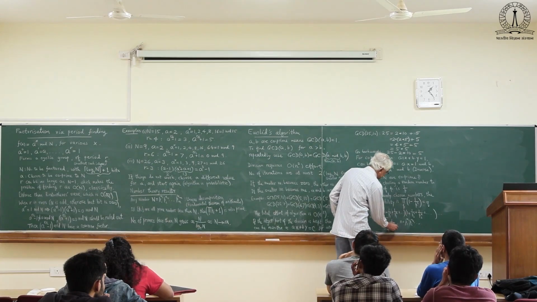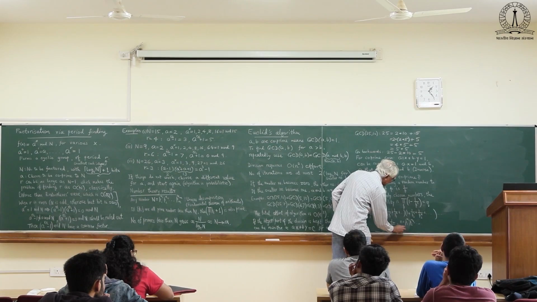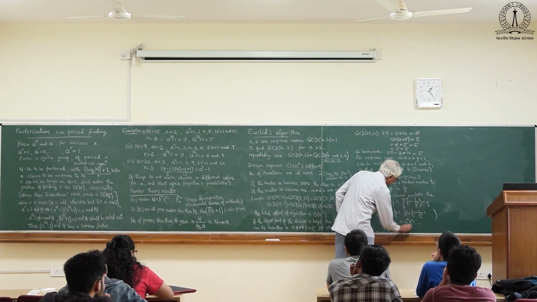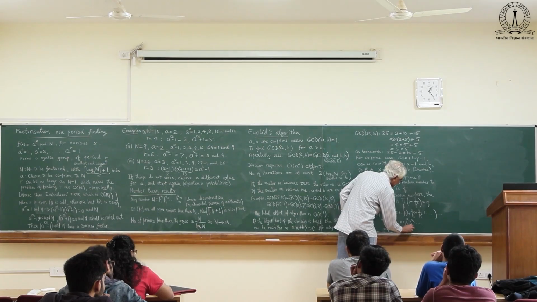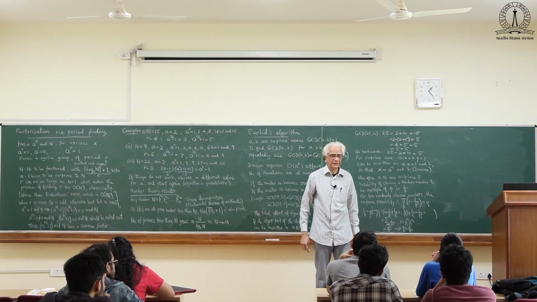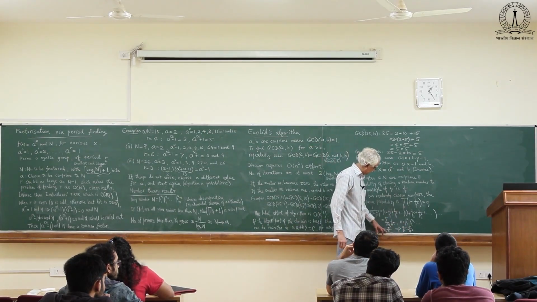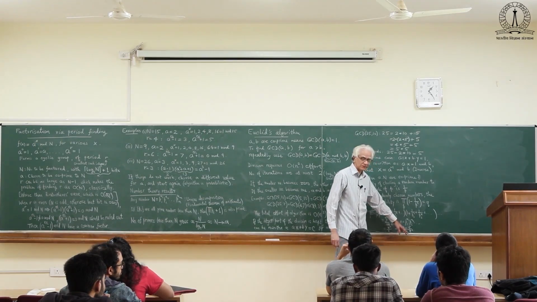And so, this co-prime probability is at least this. If you truncate it, then this number will become smaller and this number will become larger.